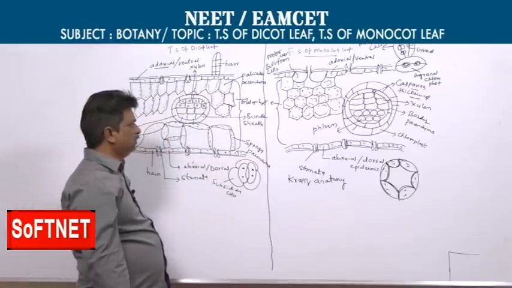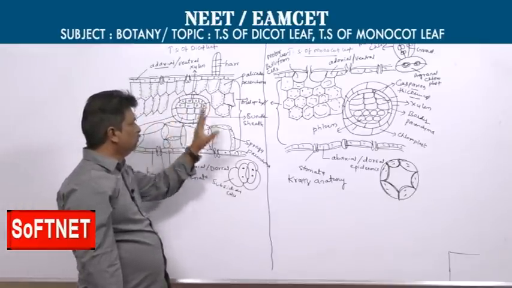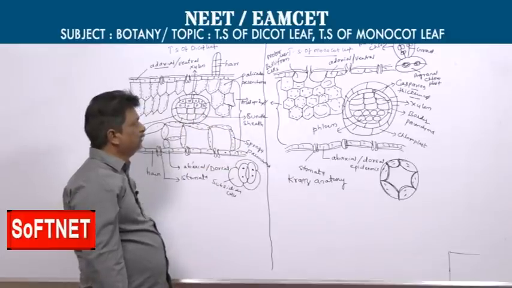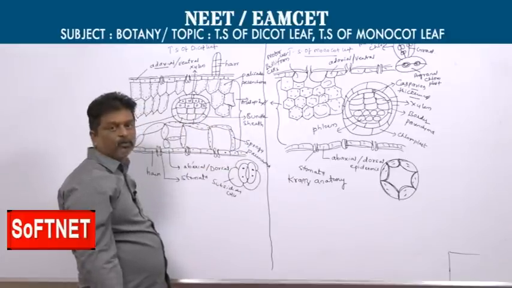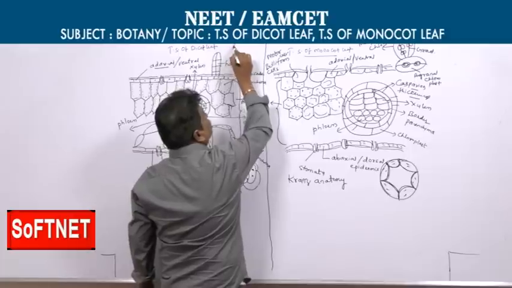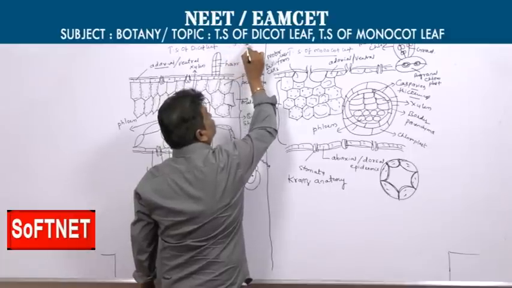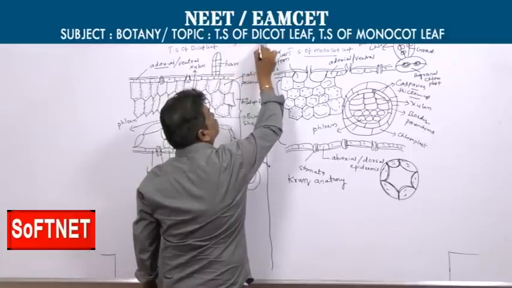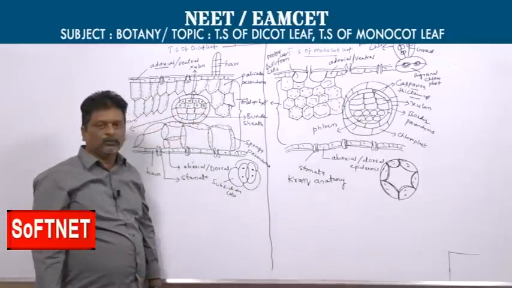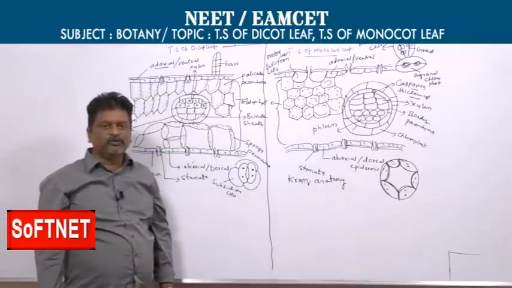So in both leaves, vascular bundles are collateral, conjoint, and closed. But only in one plant, the Cycas leaflet, in between xylem and phloem, non-functional cambium is present.